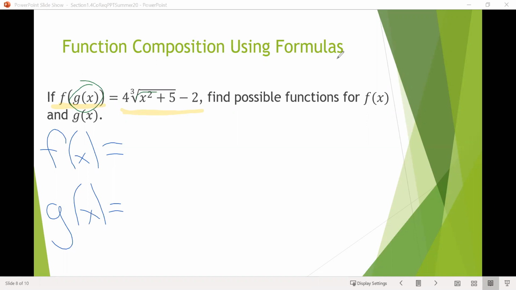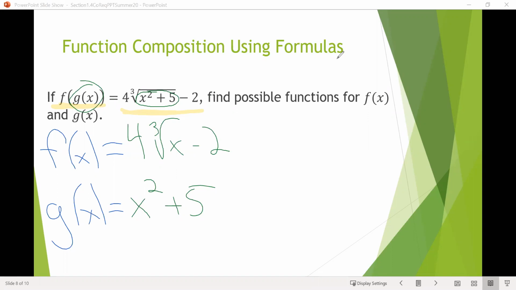And one that I notice is I see this x squared plus 5 is inside of that cubed root function. So that tells me that it's possible that g of x could be x squared plus 5, which would then make the function f of x 4 times the cubed root. And because x squared plus 5 got plugged in there, that was actually in the place of an x. And then we have the minus 2.